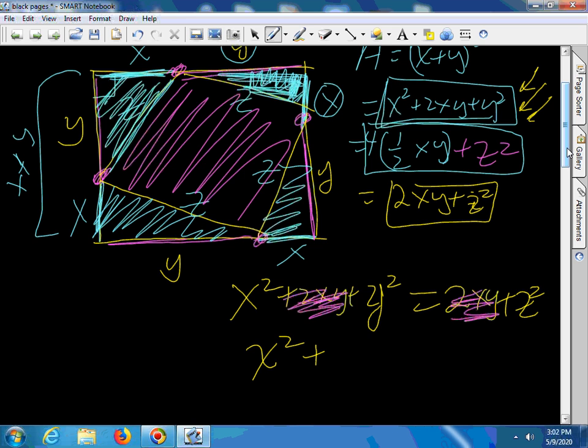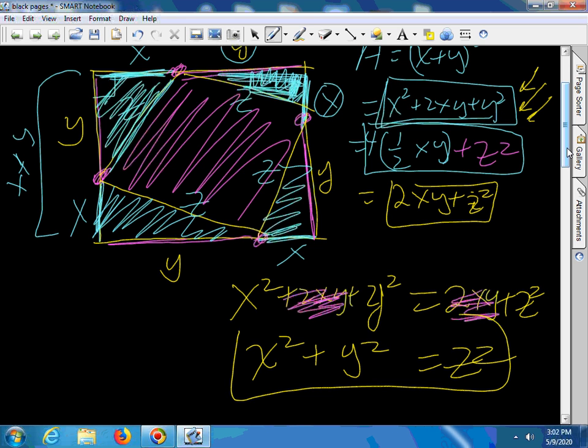That x squared plus y squared equals z squared. And remember, x was one leg of the right triangle, y was another leg, and yep, z is the hypotenuse. x squared plus y squared equals z squared.